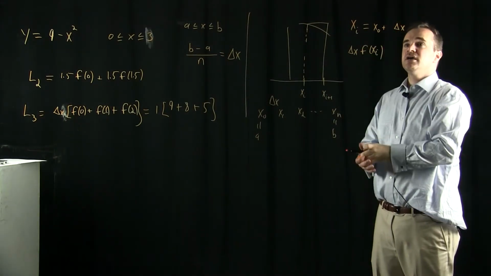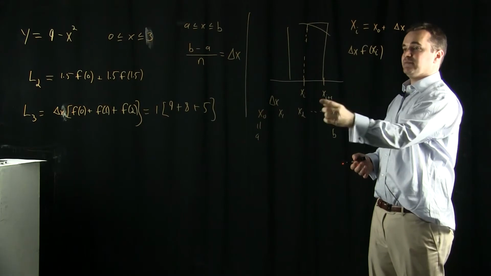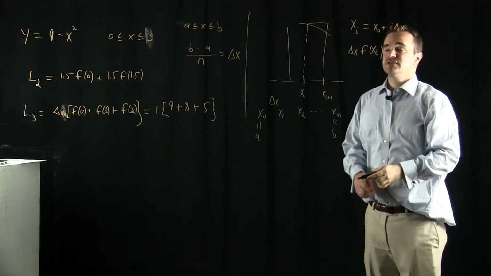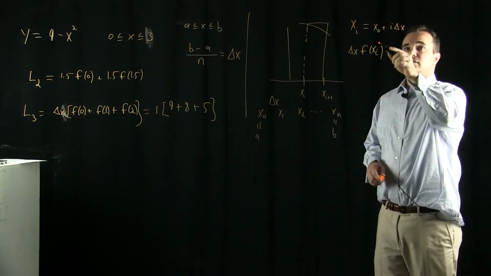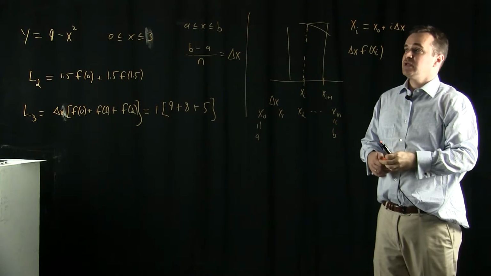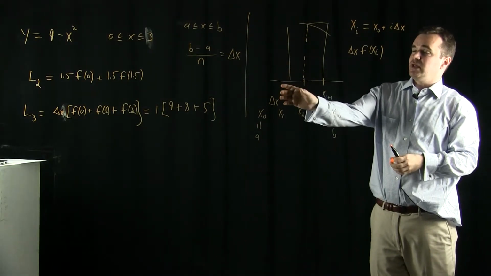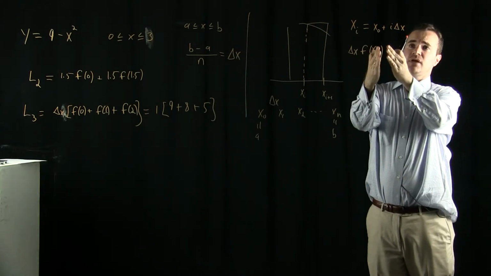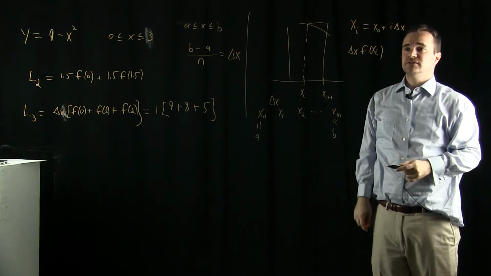But for xi, you have to add delta x i times to get all the way out to the ith interval. So you end up with this formula, and x0 is equal to a, that's given to you in the problem. Delta x is usually b minus a over n. You can figure that out. And then you can figure out x sub i, which is x0 plus i times delta x.